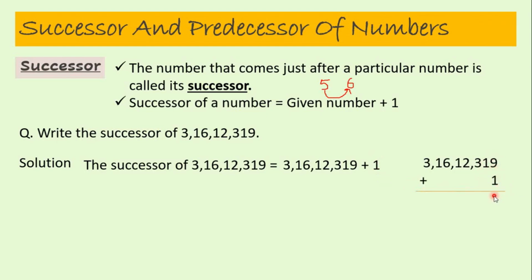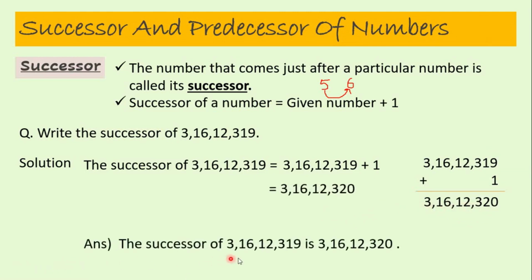Now we write 1 below the ones place. 9 plus 1 will give us 10. So the remaining will move to the tens place. 1 plus 1 is 2. So the successor of the given number will be 3 crore 16 lakh 12,320. Yes, is it all clear?